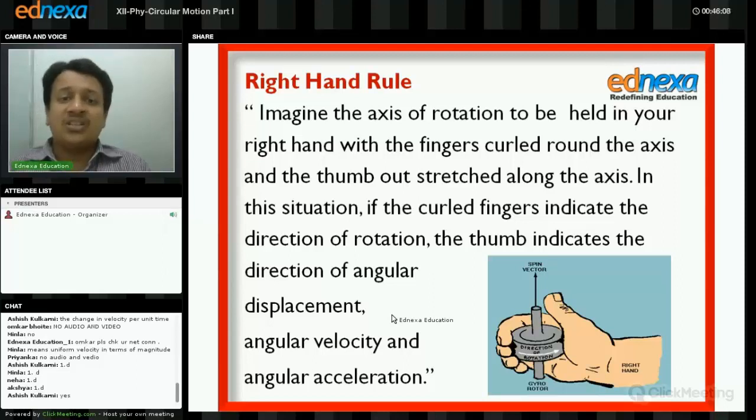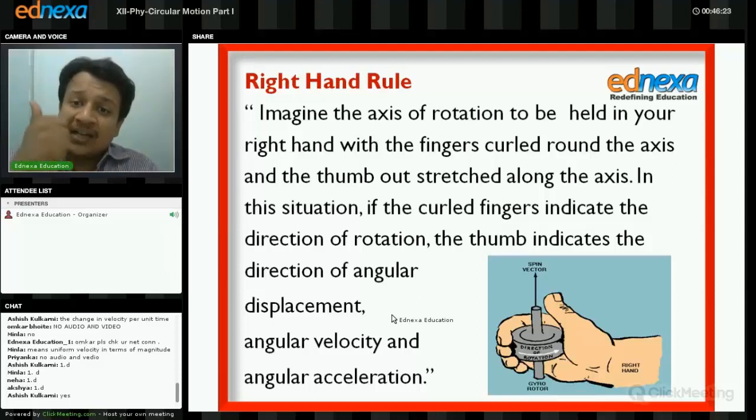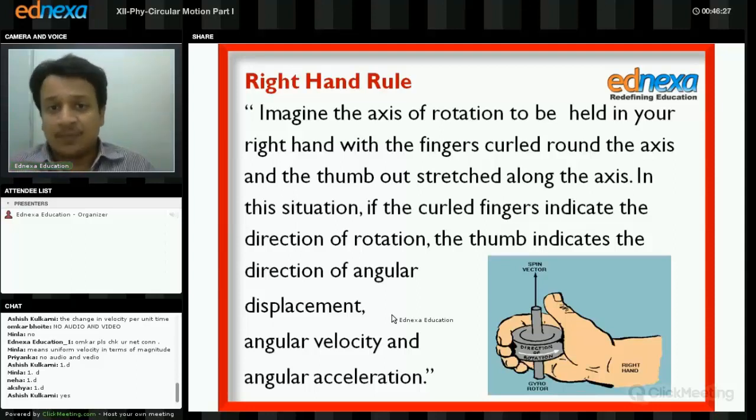And now we are going to discuss the next point, that is the right hand rule. With the help of the right hand thumb rule, we can find the direction of omega and the direction of alpha. So what is the right hand thumb rule? Imagine the axis of rotation; underline the word imagine, you are not actually going to hold the axis of rotation.